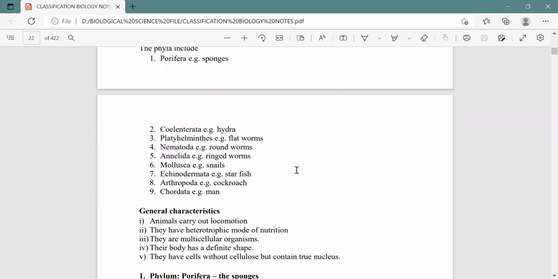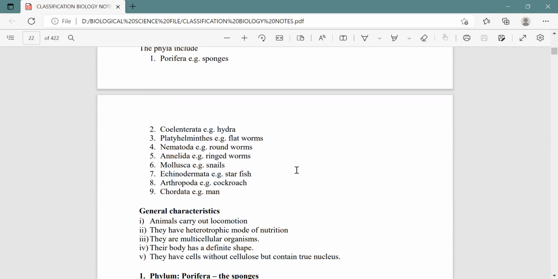The sponges belong to phylum Porifera. The hydra belongs to phylum Cnidaria. The flatworms belong to phylum Platyhelminthes. The roundworms belong to phylum Nematoda.